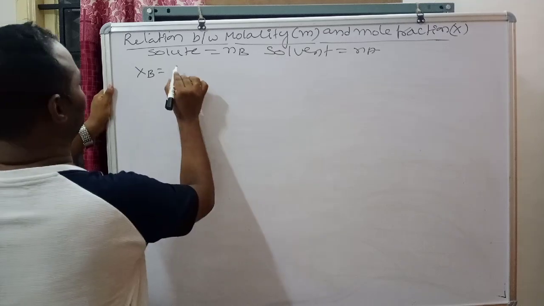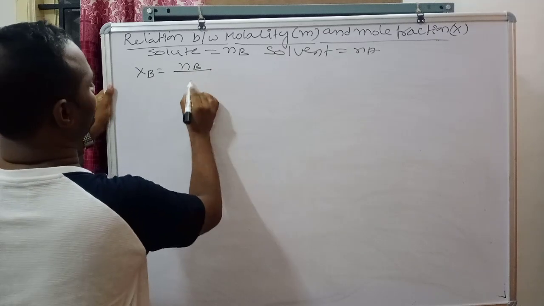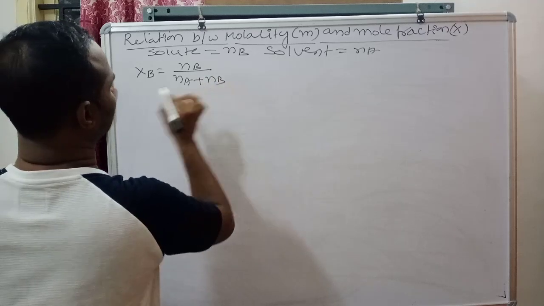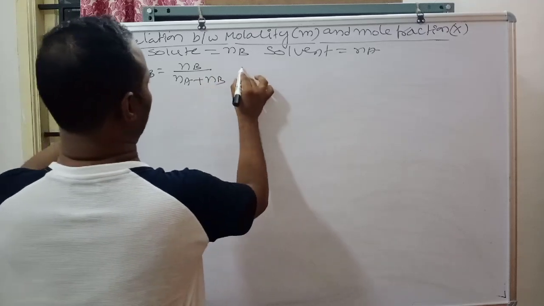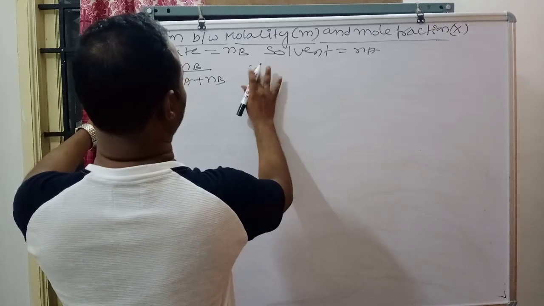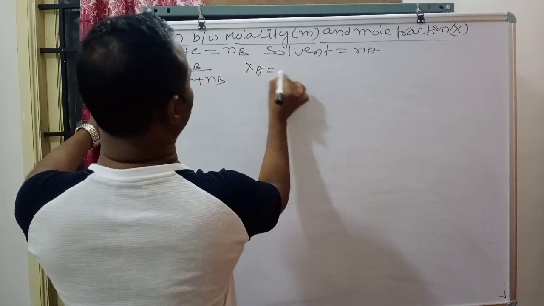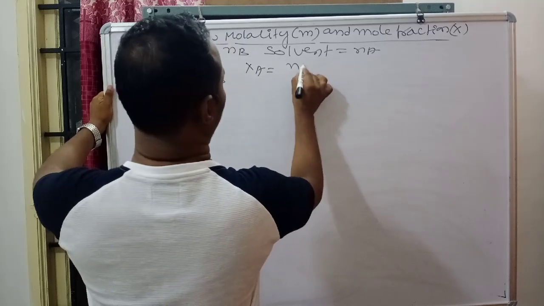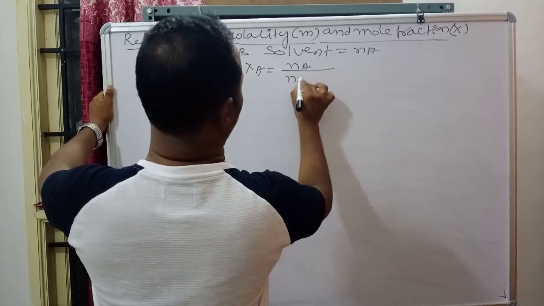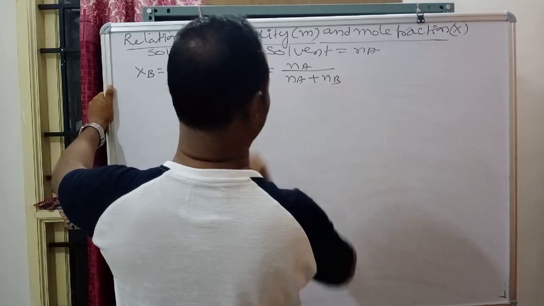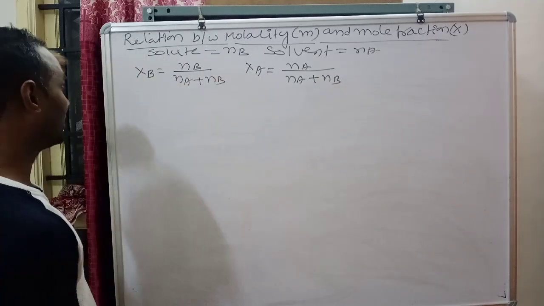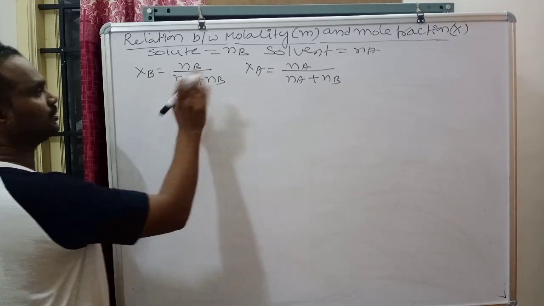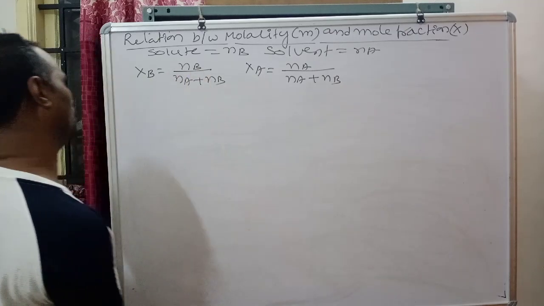Remember, the mole fraction of solute XB is equal to NB by NA plus NB. Next, the mole fraction of A is equal to NA by NA plus NB. This is the mole fraction of solute and solvent. The sum of the mole fractions of solute plus solvent is always equal to 1.